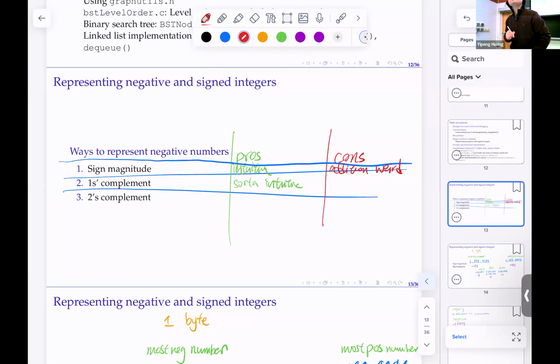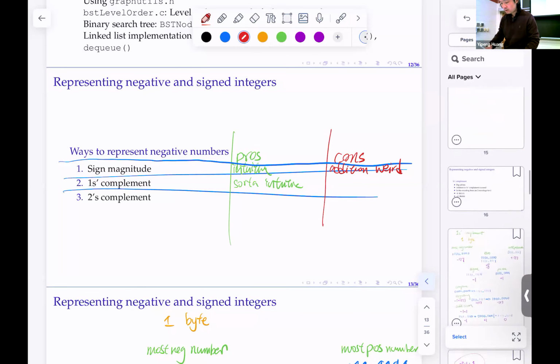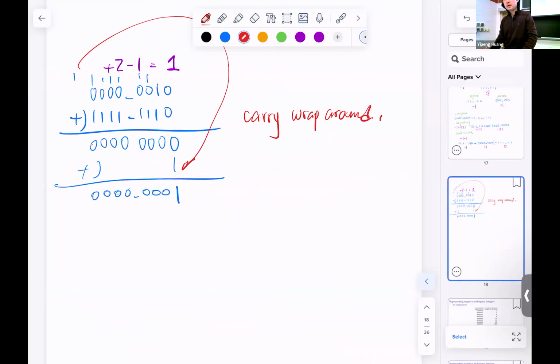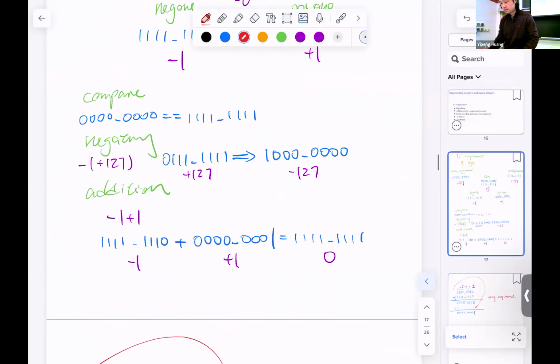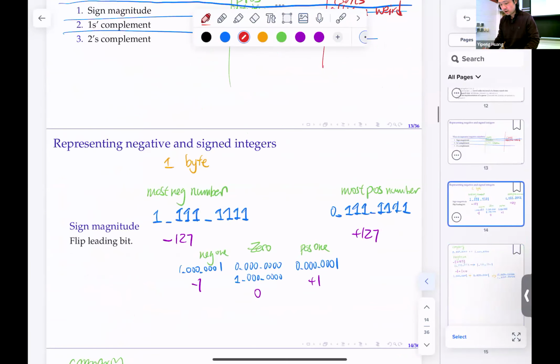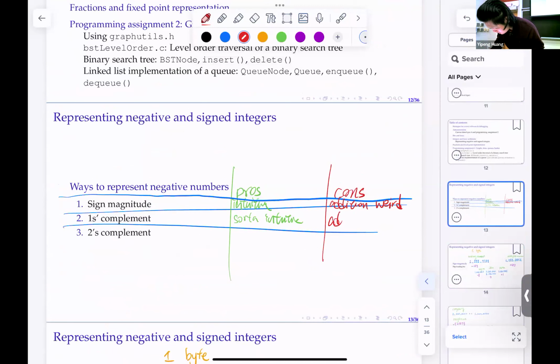And is addition working normally as expected? It's nearly good, right? Addition nearly works with one strange rule, this additional carry wraparound rule. So the summary I'll put down is addition is also sort of weird, right? It has this additional rule to it.